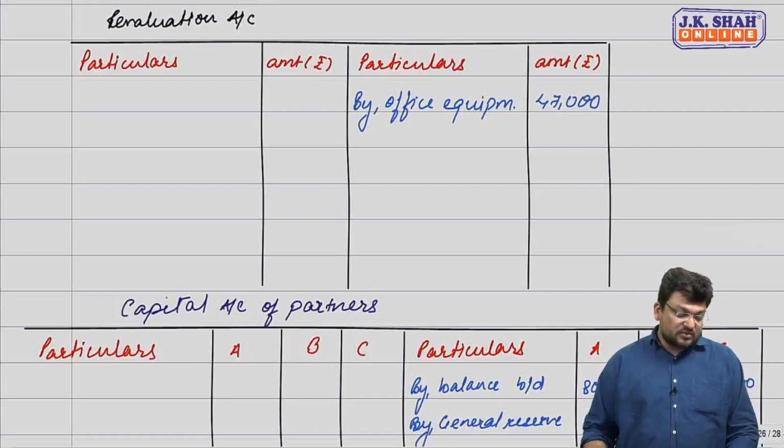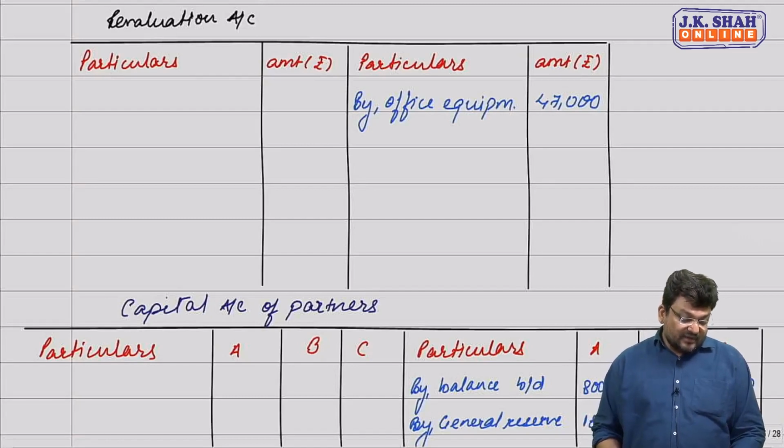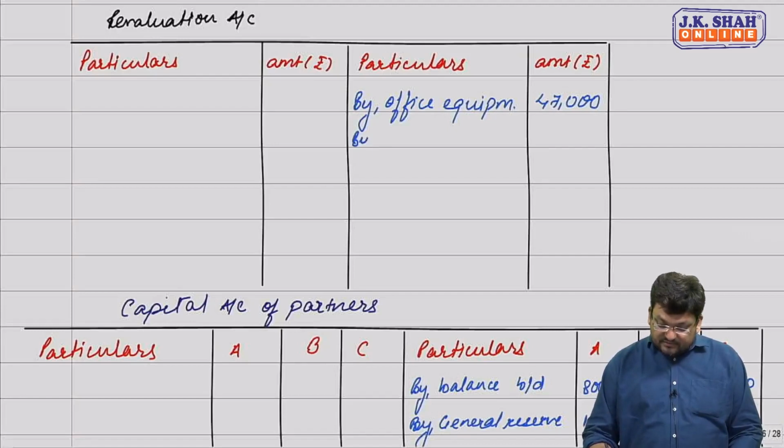Building to be revalued at 15 lakh. So value of building is to be increased by 5 lakh. Entry will be building account debit to revaluation. Building to revaluation 5 lakh.